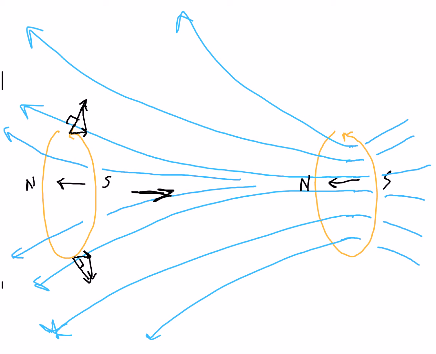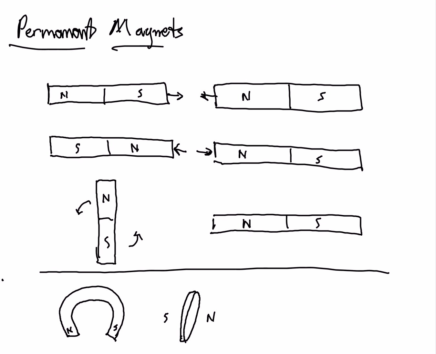Newton's third law tells us that the magnetic force on the right-hand dipole must be equal and opposite, so it points to the left, and so these two parallel magnetic dipoles exert an attractive force, exactly as we expect from what we know from playing with magnets.